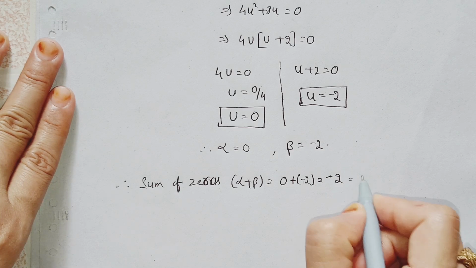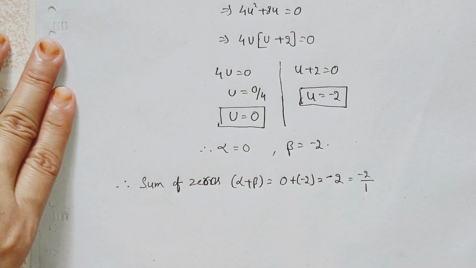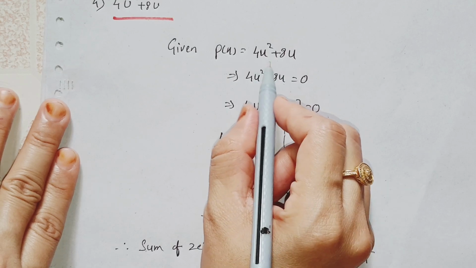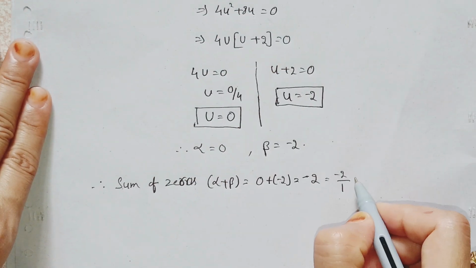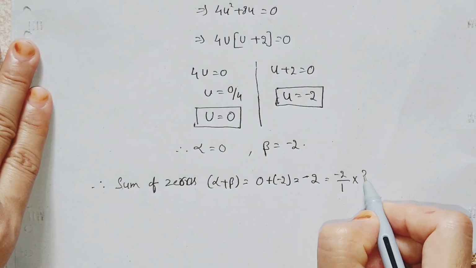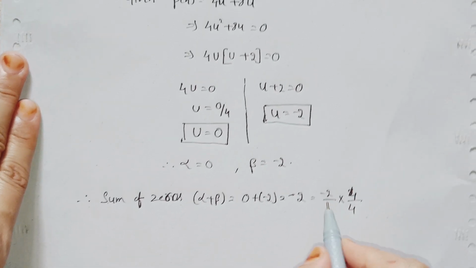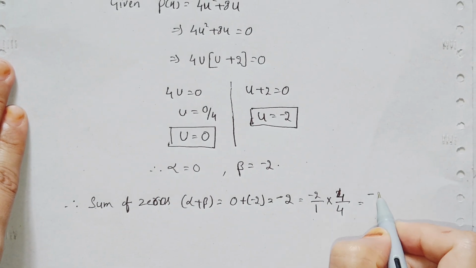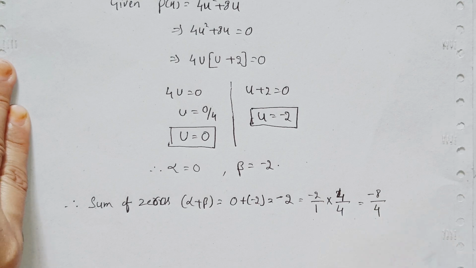I can write this minus 2 as minus 2 by 1. But here we don't have 2 here, that's why I am dividing and multiplying by 4, and then it becomes minus 8 by 4.